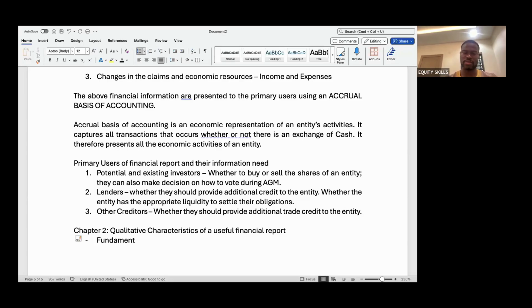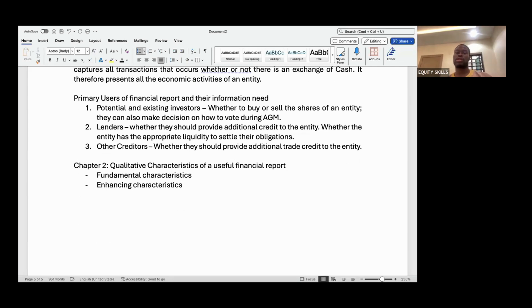So we have the fundamental characteristics, and we have the enhancing characteristics. These are the two characteristics of a useful financial report.